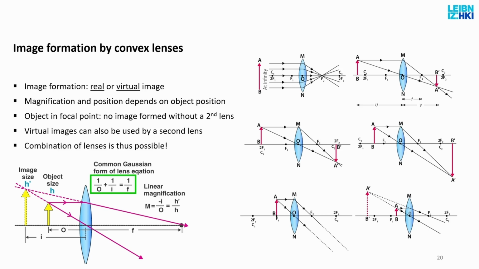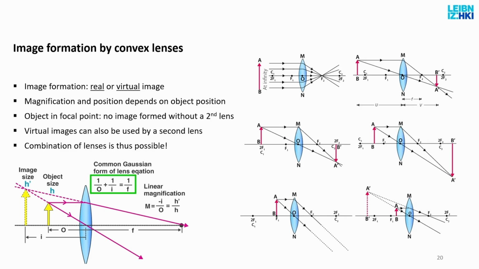Now, is there a law that covers where exactly the image appears and how big it is? Yes. You don't have to draw this every time you want to know this. This is the law. This means that the inverted value of the focal distance, which is the distance from the lens to the focal point, equals the inverted distance of the object from the lens plus the inverted distance of the image from the lens.